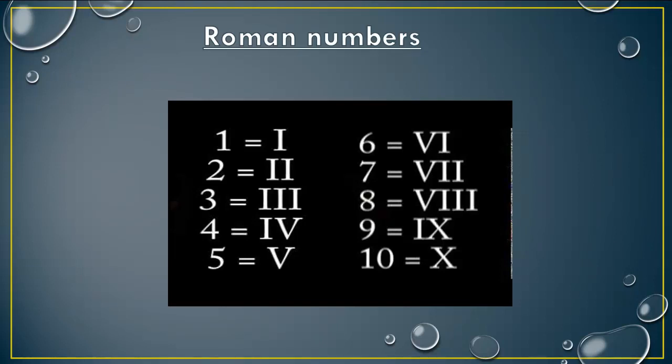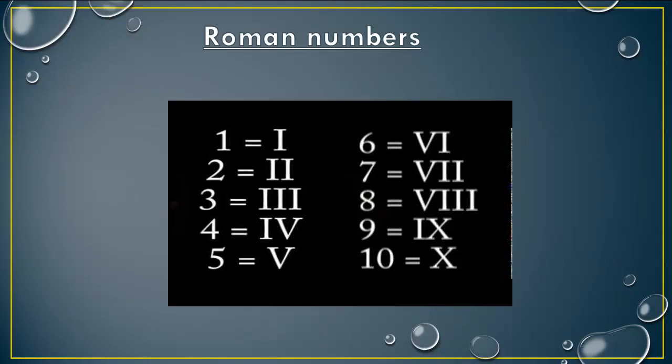And the combination of these digits helps us to write any particular count or number. Similarly, the Romans had their set of symbols. The first three symbols in that set were I, V and X.